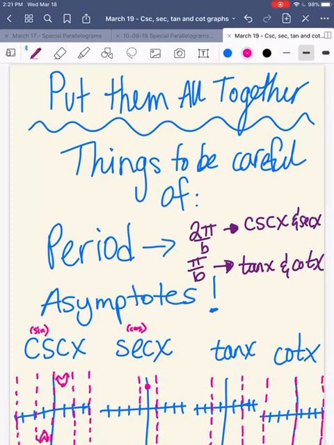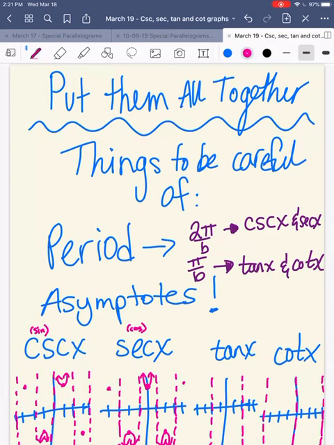So then it's going to be like that, and then skip 1, put an asymptote, skip 1, put an asymptote, and then it starts at the top and goes down on both sides. Okay, and then obviously it's going to go back up here and here. Same thing with this one, it'll go down and back up.